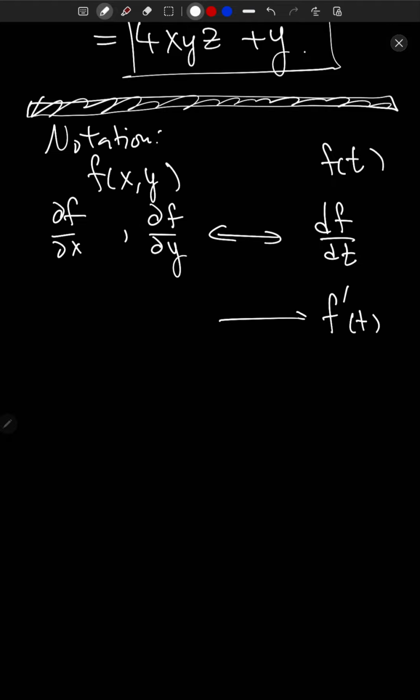Well, for 2 variables, as an alternate notation, we can't use f prime because we always need to know, are we taking the partial derivative with respect to x or y? Which variable are we considering changing? So the equivalent notation for multivariable calculus is f sub x and f sub y. That's literally the same as df dx and df dy, just purely notation.